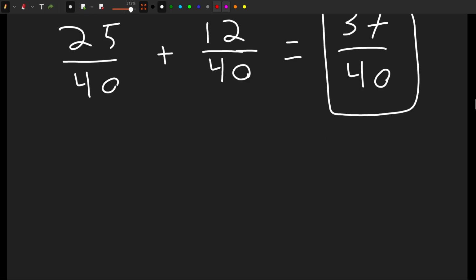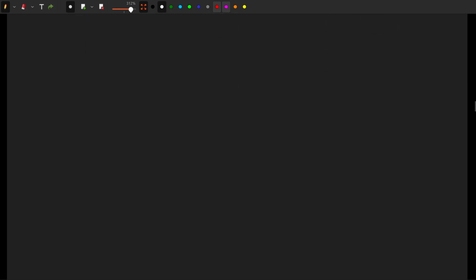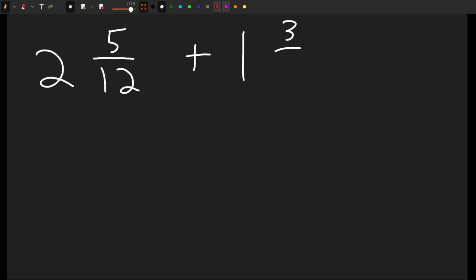All right, we have 2 more addition problems to get through, and then we'll move to subtraction. So the next addition problem will be 2 and 5/12 plus 1 and 3/5. Oh, lovely. All right, so first off, in order to find the lowest common multiple, we have to get these to be improper fractions first.